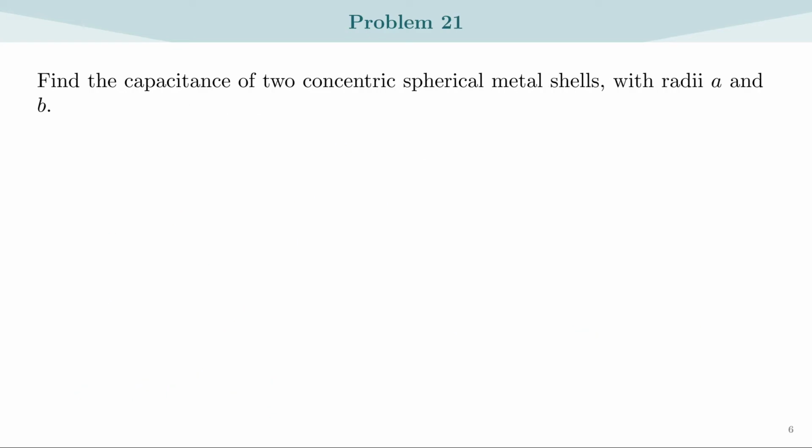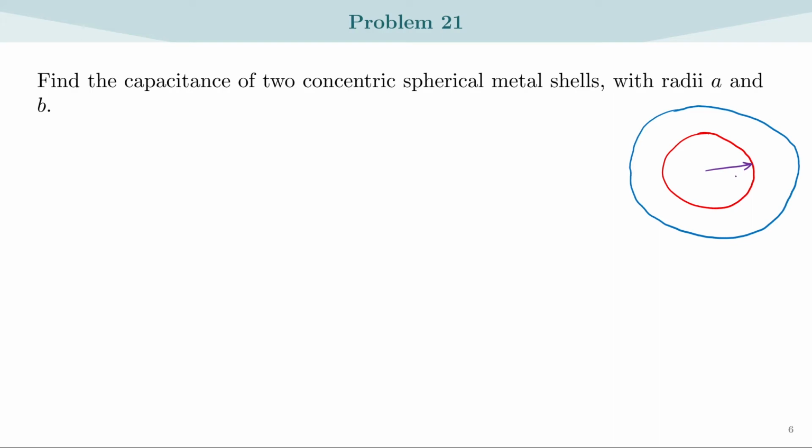Problem 21. Find the capacitance of two concentric spherical metal shells with radii A and B. As drawn, we have two spherical metallic shells having radii A and B. Let us place a charge plus Q on the inner sphere and a charge minus Q on the outer sphere.